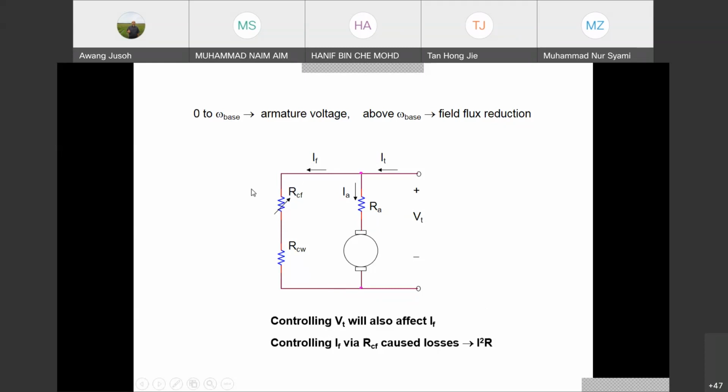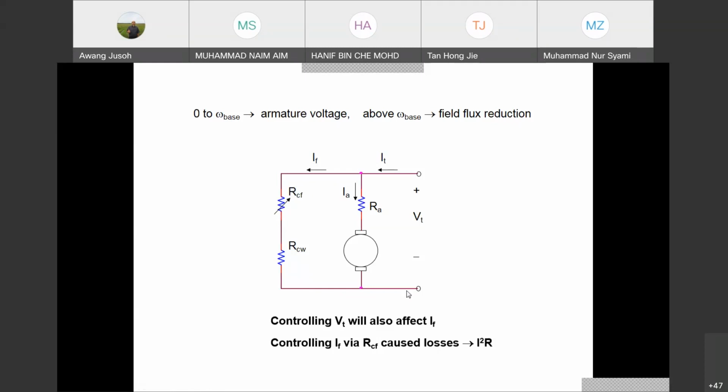And the second problem with this shunt motor is that because we use a resistor, it causes losses. That means the system is not efficient. You have some losses there, I squared R. In our business, when we buy or sell something, we want to minimize the losses as much as possible.